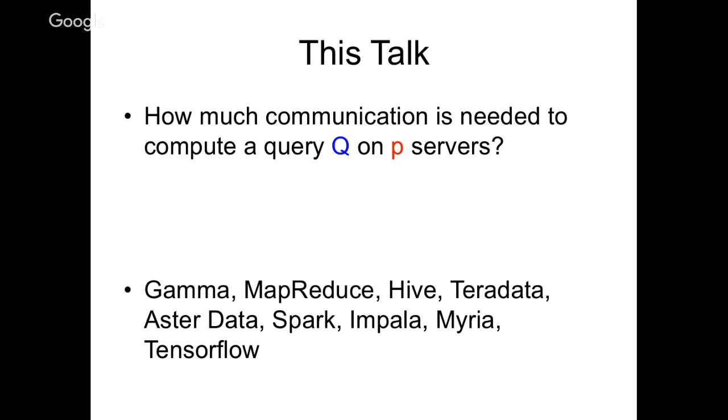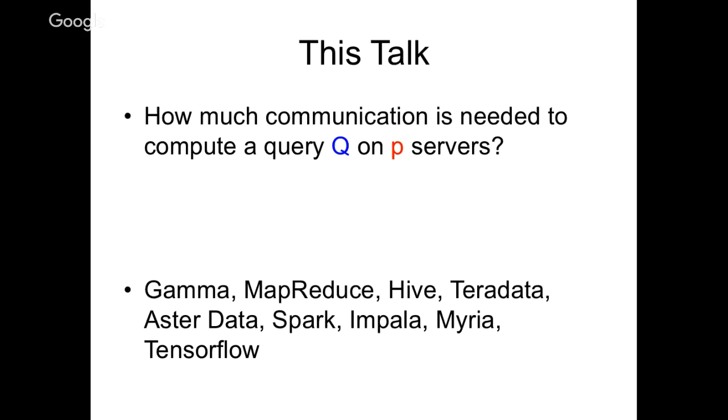This model is called in the systems community the shared nothing parallel database model, in contrast with the shared memory parallel database model. The shared nothing is the most scalable model, because the idea is that if you need to process larger data sets, or you need more performance, then you just add more of these commodity servers, you rent more from Amazon Web Services, and your data can grow, or your queries will run faster.